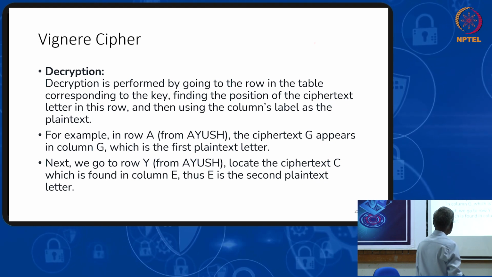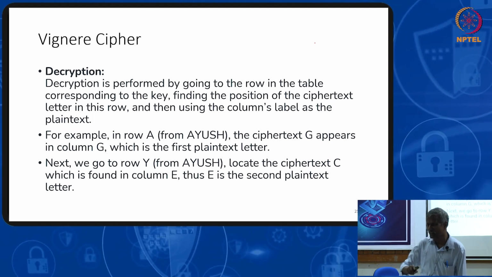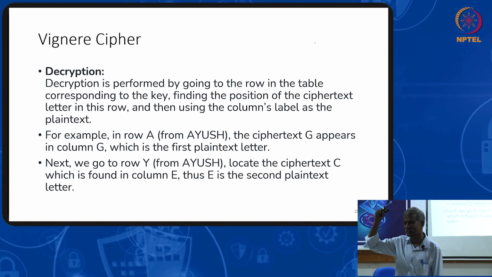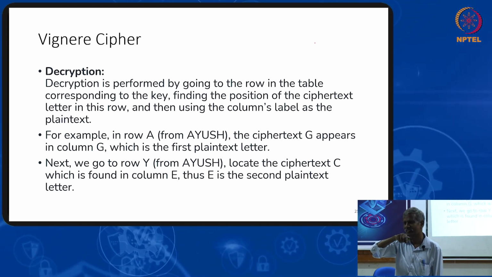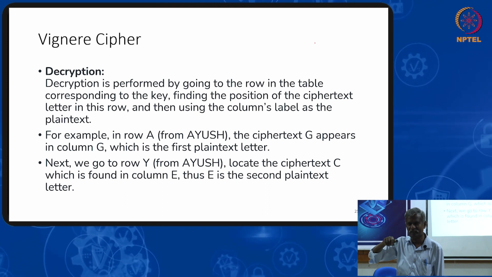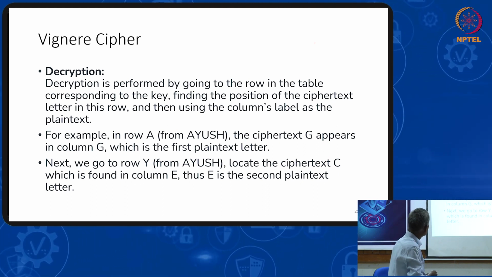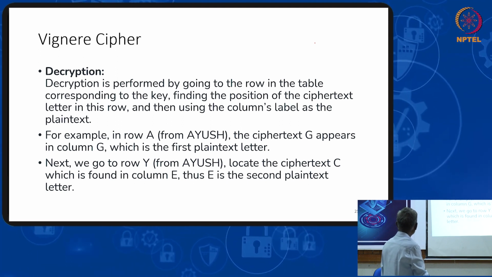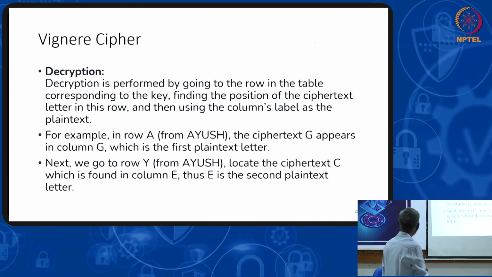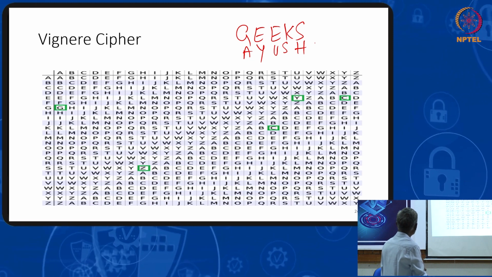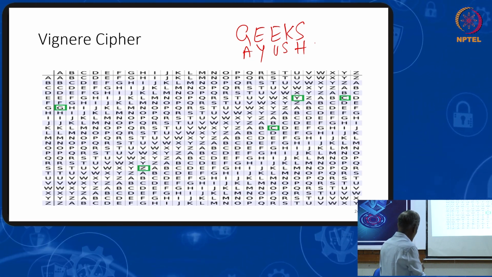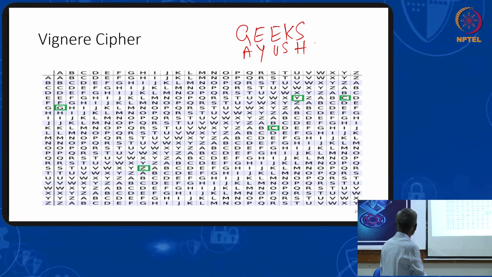For decryption, whatever you have done from row to column, you have to do in the column to row. So row to column will be converted to column to row. For example, the second one, E and Y we are seeing. For decryption, Y and E you have to see.